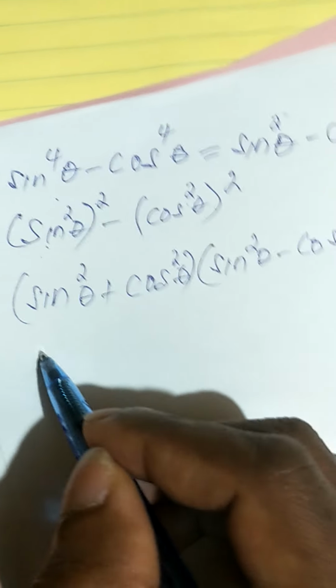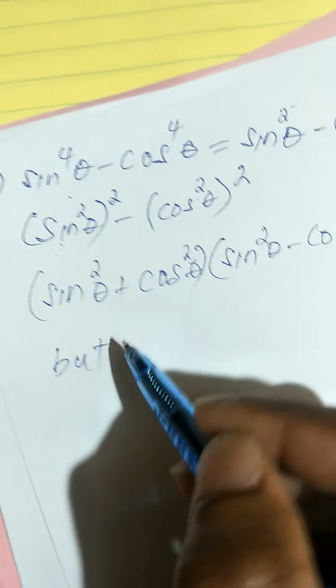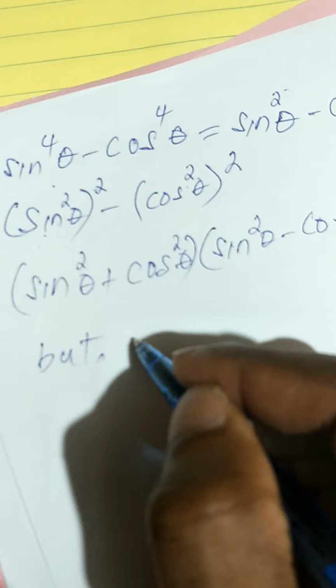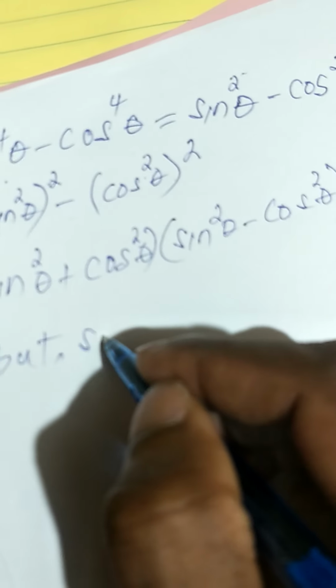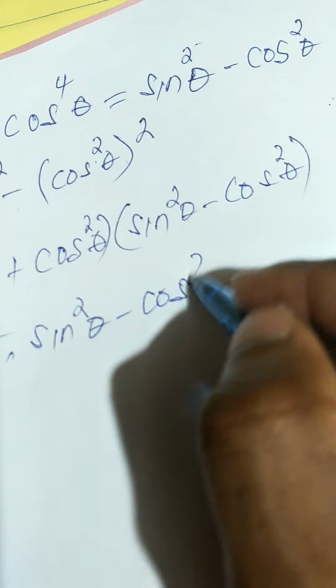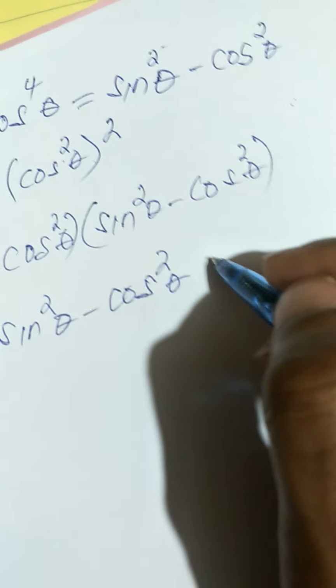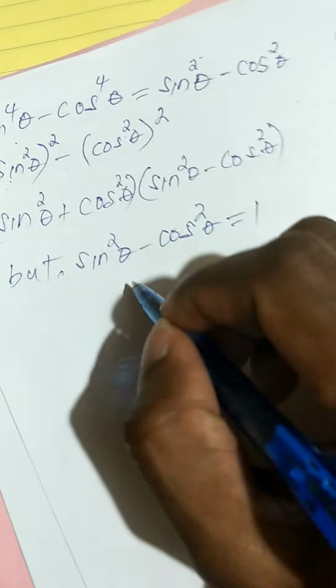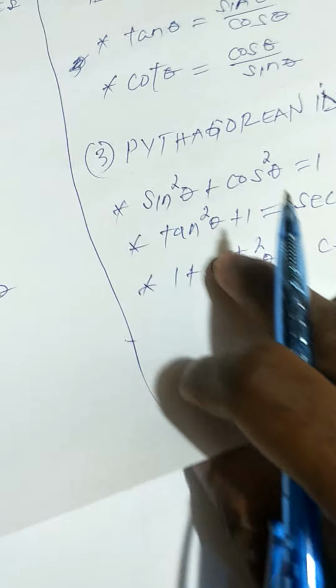But let me write first, I will explain. But sine theta squared plus cosine theta squared is equal to 1. Where did I get this? I'll go back to my trigonometric identities.